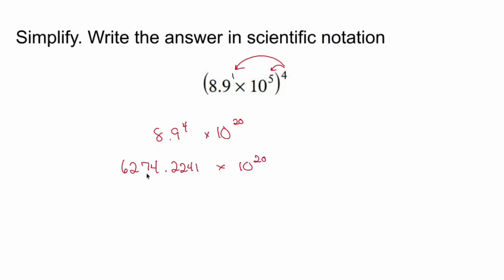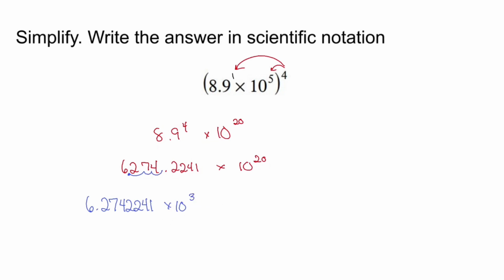Now, this is not scientific notation because that number is way too big. There's supposed to be a decimal in between the 6 and the 2. This number, since it's too big, is going to be 6.2742241 times 10 to the positive exponent. What's that exponent? Well, to get from one decimal to the next, it's going to be 1, 2, 3, so 10 to the 3rd.